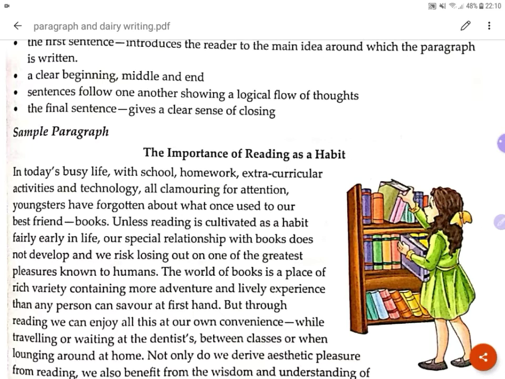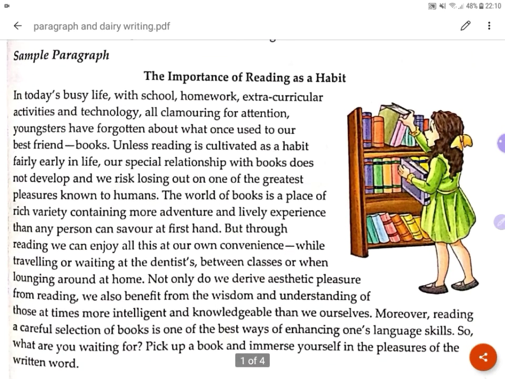The world of books is a place of rich variety containing more adventure and lively experience than any person can savor at first hand. But through reading, we can enjoy all this at our own convenience while traveling, or waiting at the dentist's, between classes, or when lounging around at home.